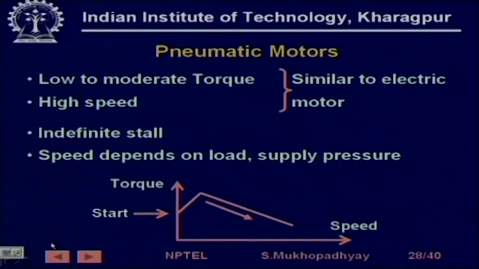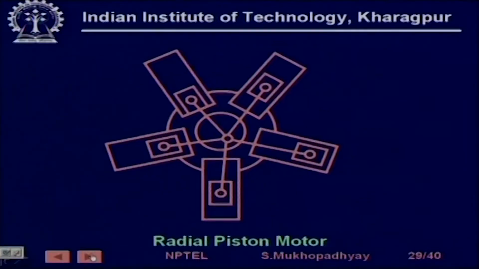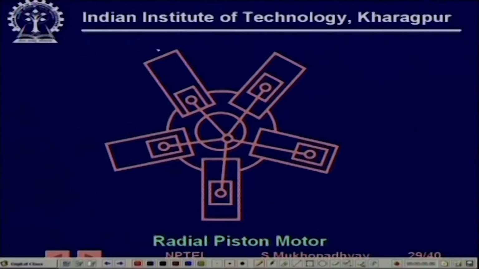So this is a picture of a radial piston motor. You see that if you apply pressure to these pistons in sequence cyclically, then because of this mechanical arrangement there will be rotational motion.